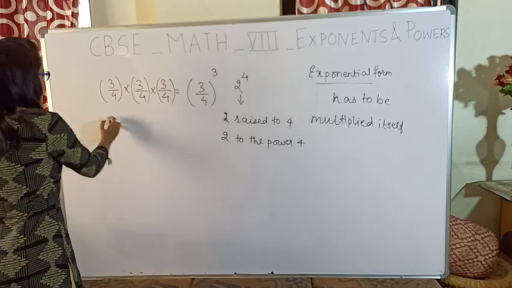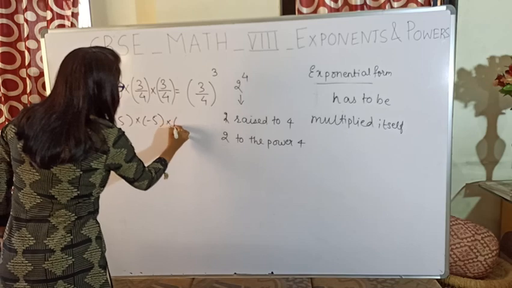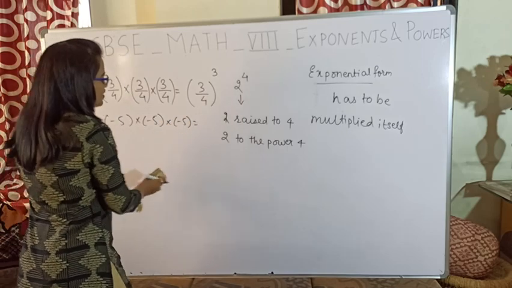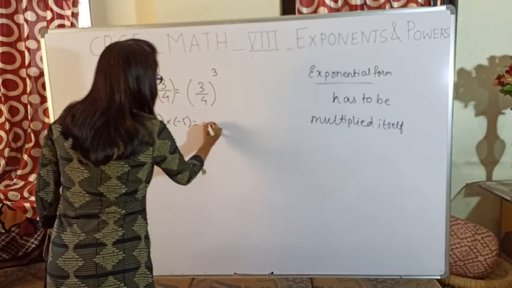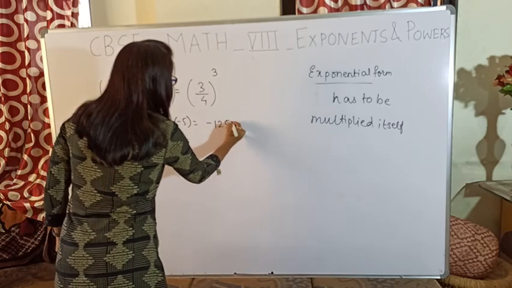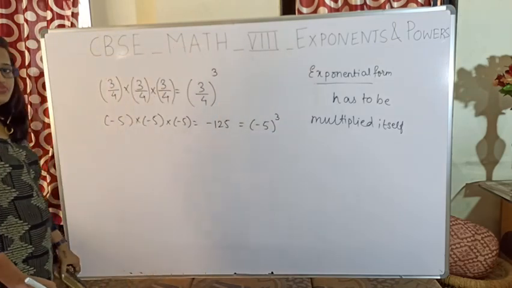Now, as we have seen in our previous example, -5 into -5 into -5 written 3 times, what is the answer? The answer is -125. Yes, and if I write it in exponential form, it will be -5 raised to 3.